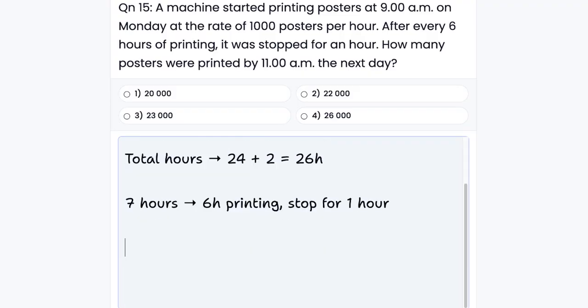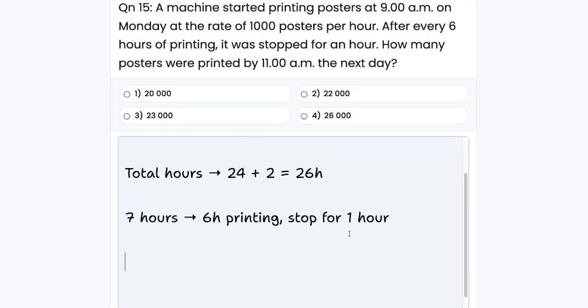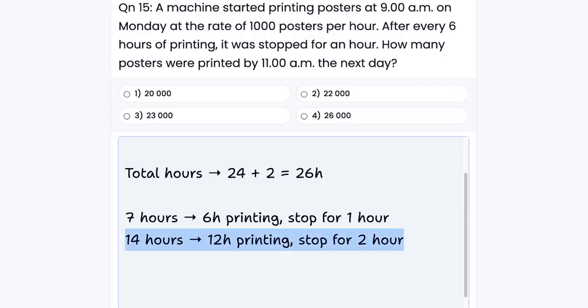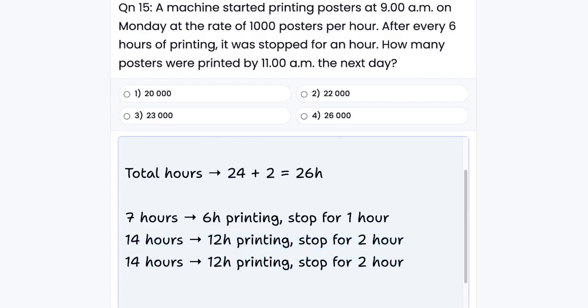Okay, so with that said, if we have 14 hours, let's brute force this. That means this is 12 hours printing, stop for 2 hours. If we have 21 hours, then that means this is 18 hours printing, and then stop for 3 hours.